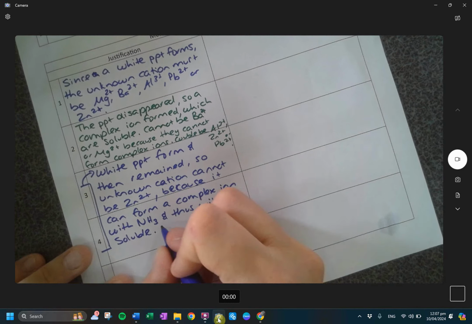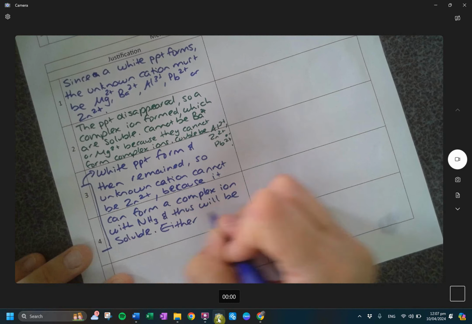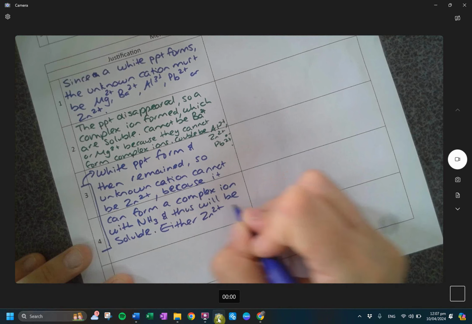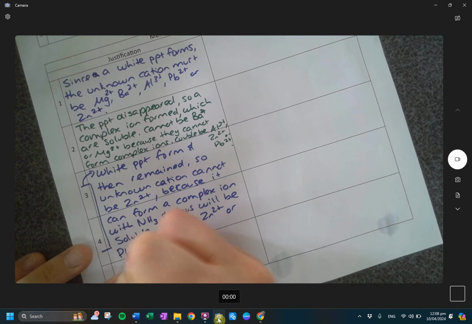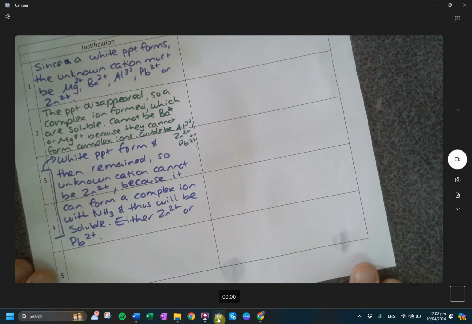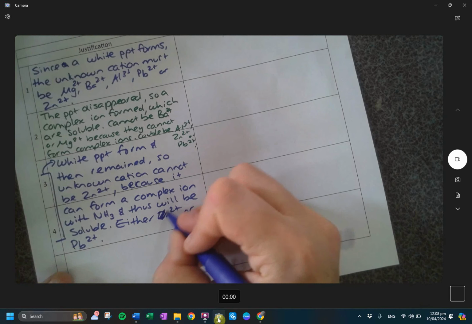So it's either zinc or lead. Sorry, aluminum or lead.